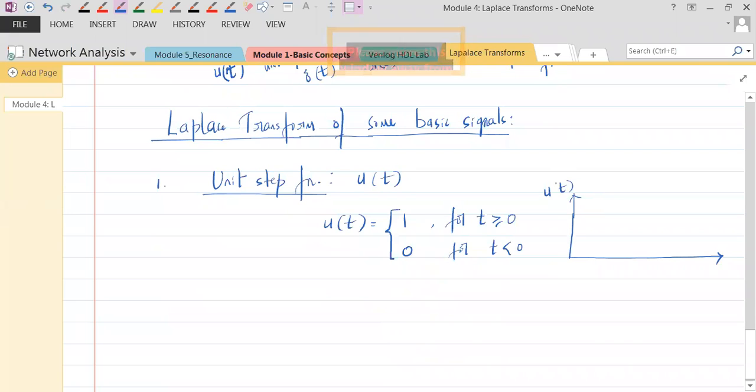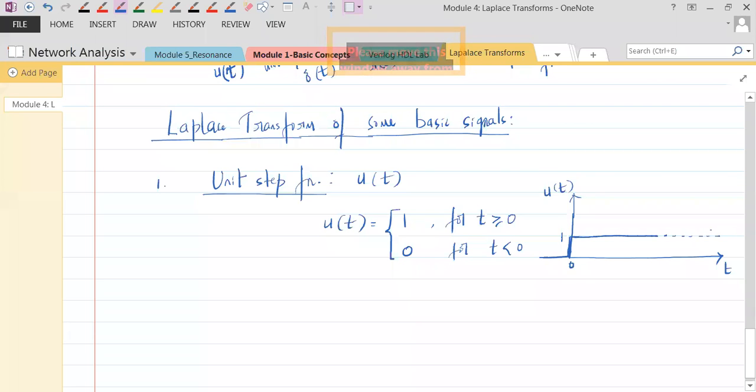For t less than 0, it is 0. Then it is 1 for t equal to 0 or t greater than 0. How long? Till infinity. That's why I put these dots.